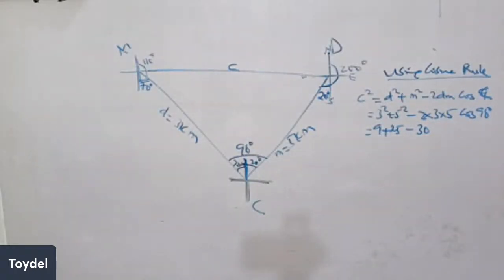What's the value of cos 90? Cos 90 is 0.